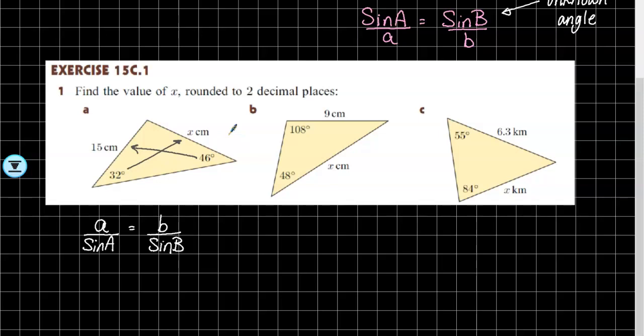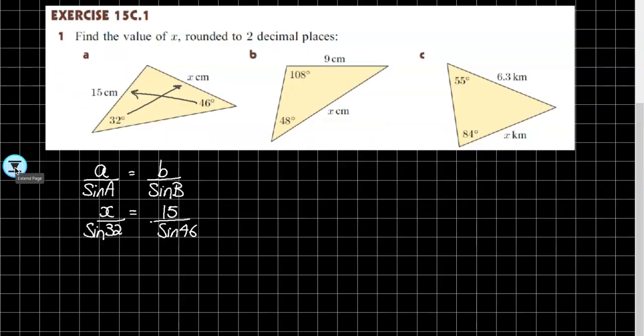No. I'm going to put my unknown here, so it's x over sine of its opposite. Yep, that's simple. Equals 15, as long as you don't go sine 46 over 15. It's got to be 15 over sine 46.